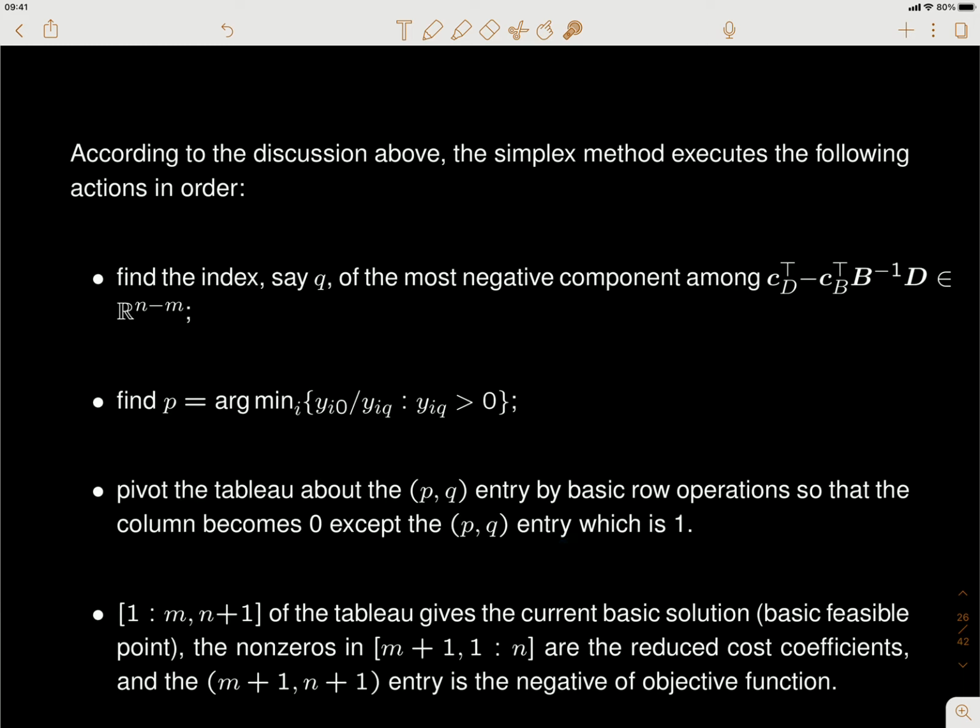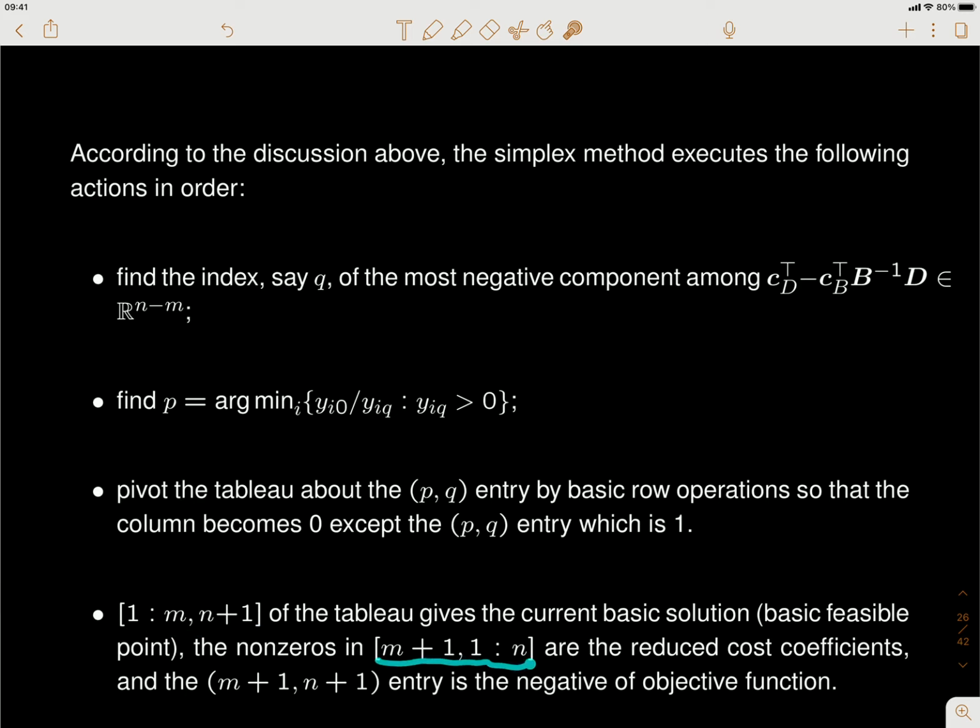And finally, after we do this, we get a new tableau. Looking at the first m components of the last column, in MATLAB notation, gives us the new basic solution.